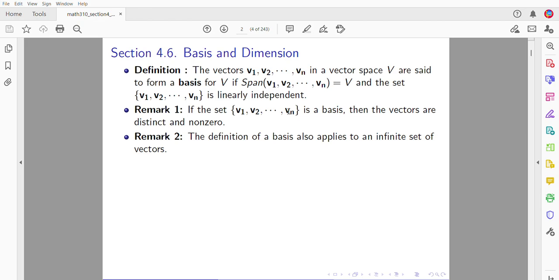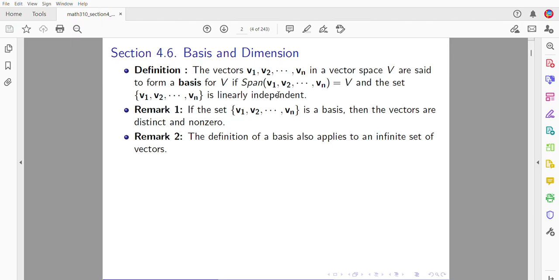Second remark, the definition of a basis also applies to an infinite set of vectors. So instead of just stopping at n, you could have infinitely many vectors. If the span of that set is V and the set is linearly independent, then it is a basis.